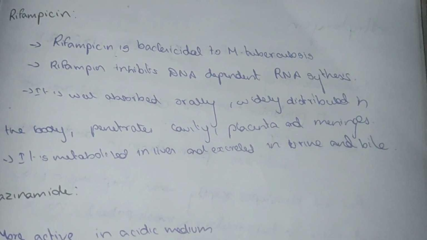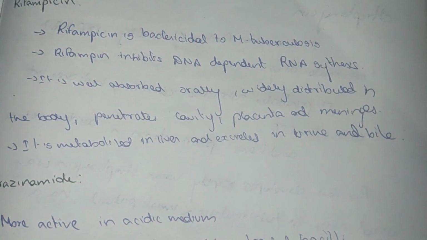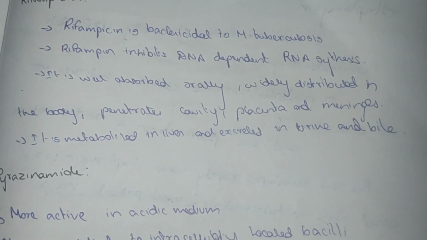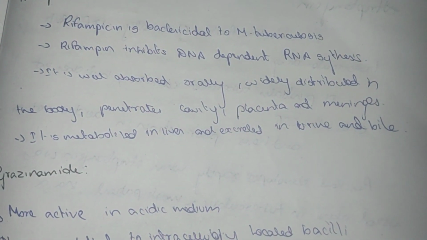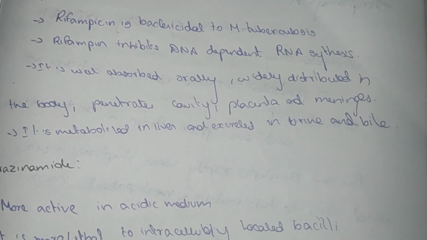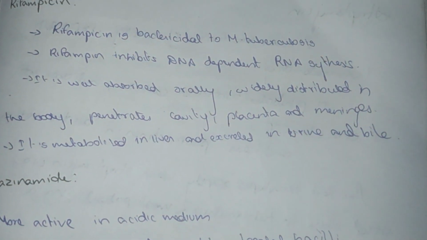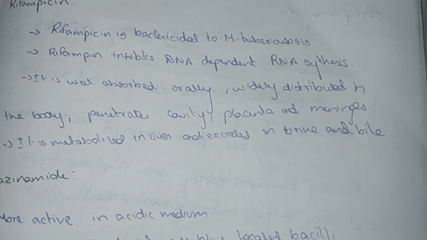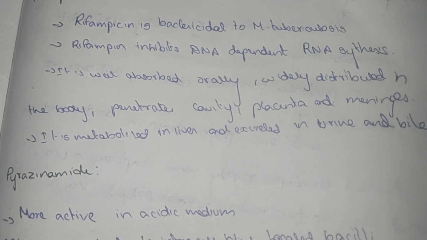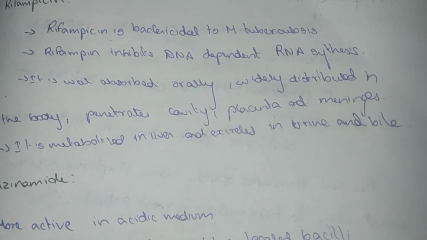Now we will see the next drug, which is Rifampicin. Rifampicin is a bactericidal drug against Mycobacterium tuberculosis. It is the best bactericidal drug for Mycobacterium tuberculosis. The major function of rifampicin is that it inhibits DNA dependent RNA synthesis. It is well absorbed orally, widely distributed in the body, and penetrates into cavities, placenta and meninges.